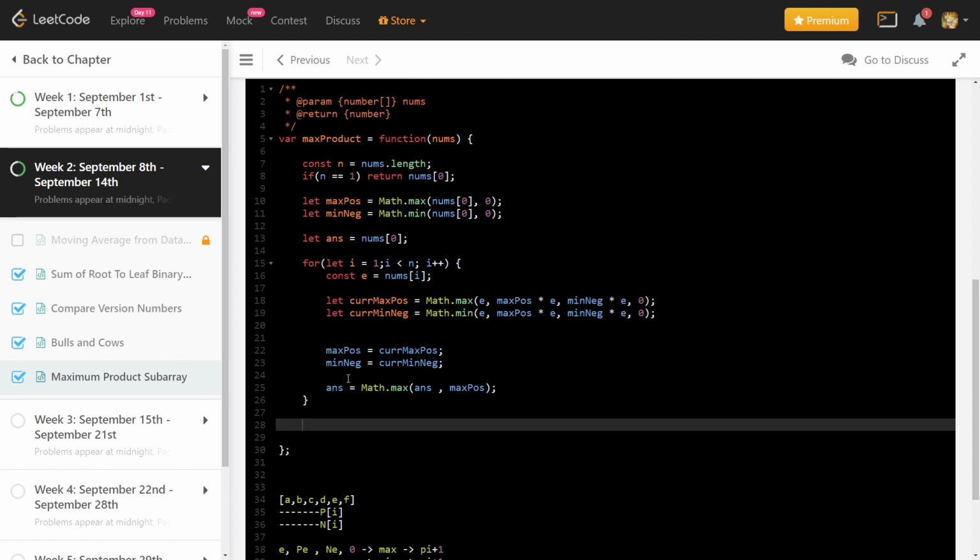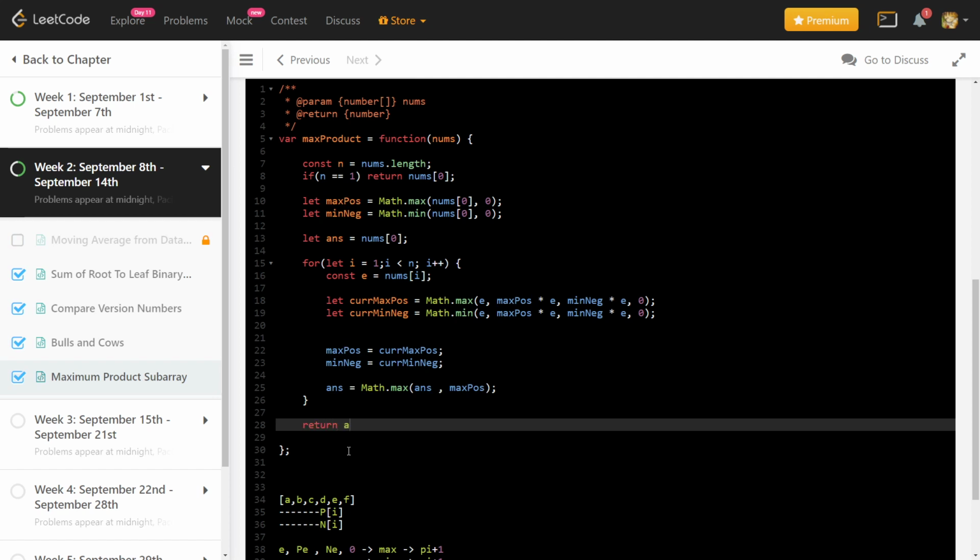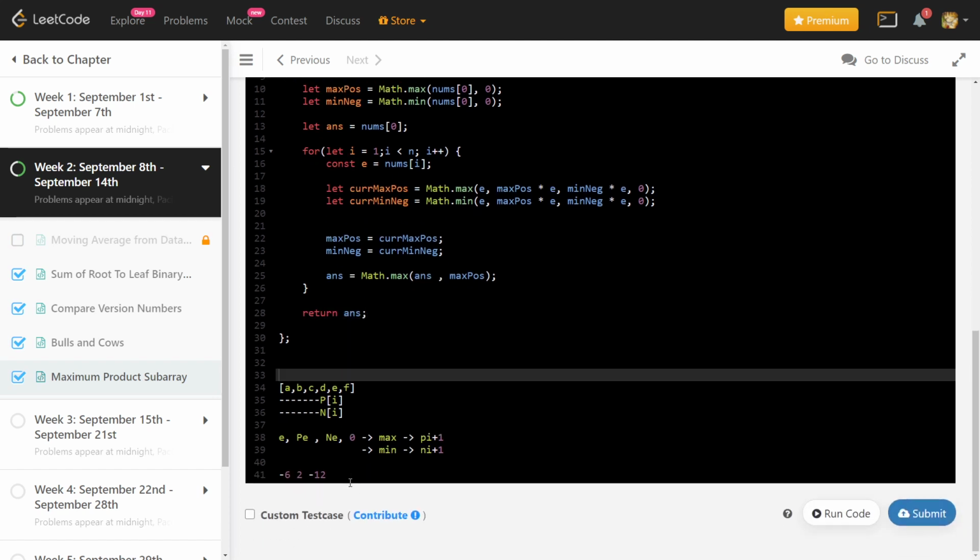But I'm thinking that only one of them will do. Let me think about it. We actually have to include at least one element, so if we have to include one element, then it can be 0 as well. And if the current answer is negative, both of them are 0, then I think it will be in max pos.